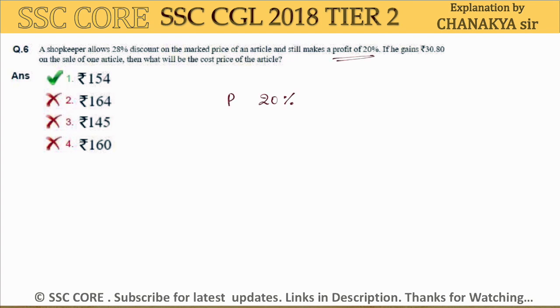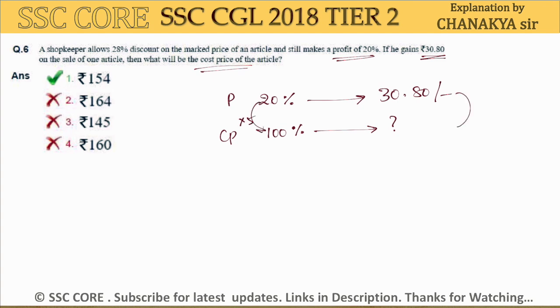Profit is 20%, and he gains 30.80 rupees. 20% profit is 30.80 rupees. Then what will be the cost price? CP is always 100%. That is 20, 5 times, 100, 30.80 times 5, 154 rupees is the answer. Answer is option 1. Got it? Here the 28% discount is of no use.